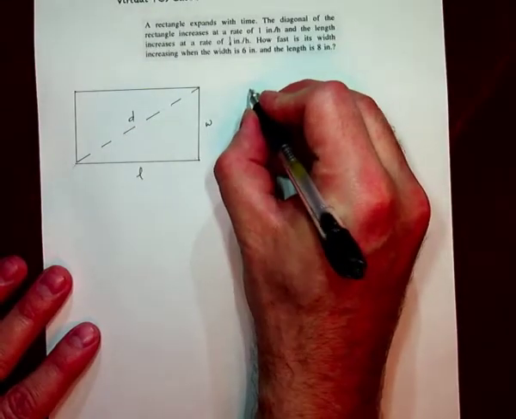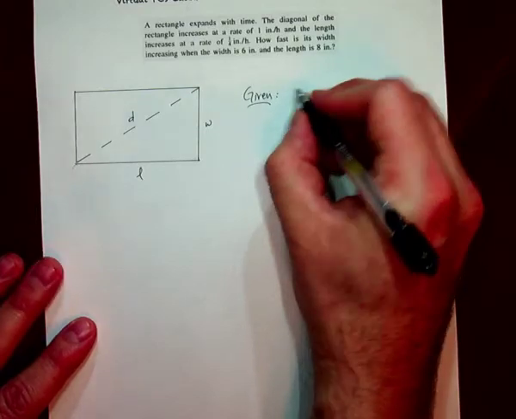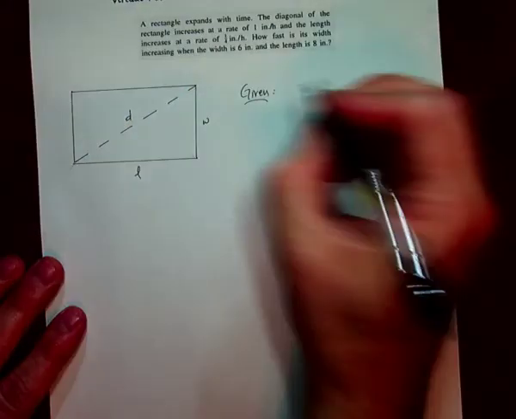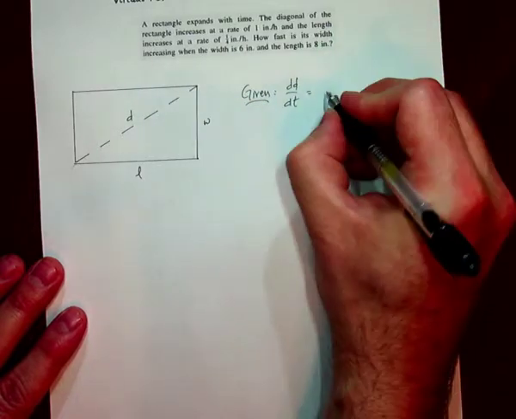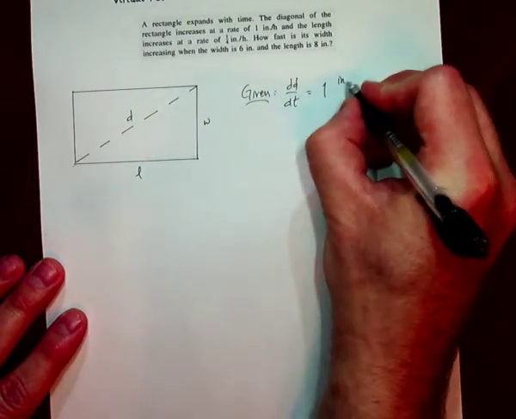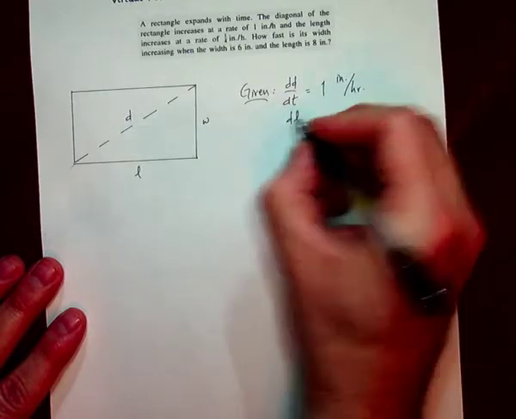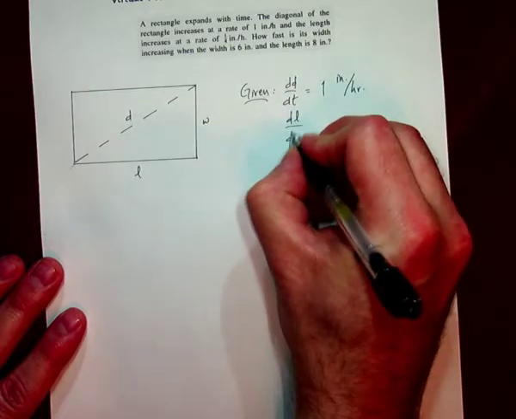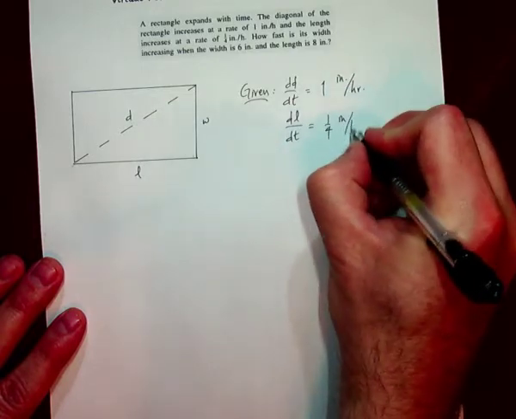And so what we have here is the given information. D is for diagonal, so dD/dt, the diagonal increases at 1 inch per hour. And the length increases, dL/dt, at 1/4 of an inch per hour.